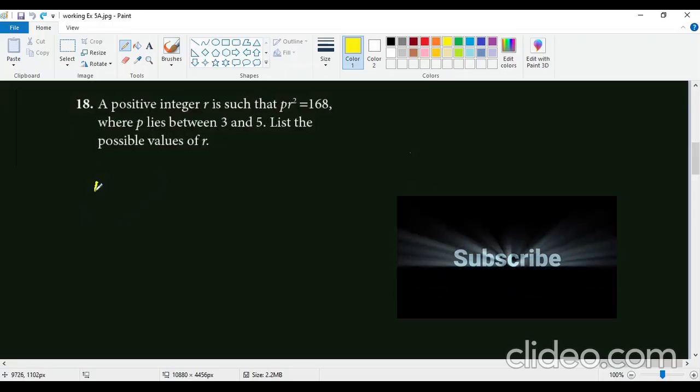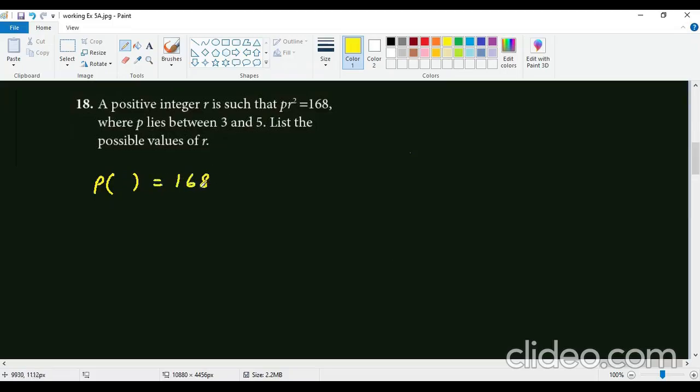I'm going to write this particular thing multiple times so that we can start working out the values of r. I think this much is going to be enough.